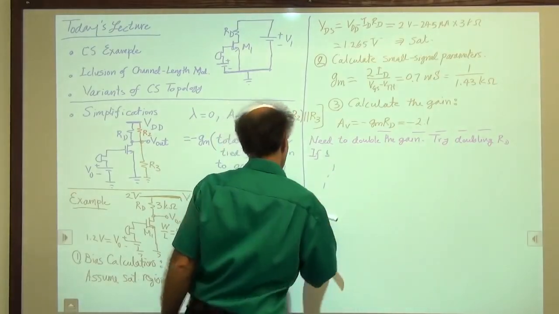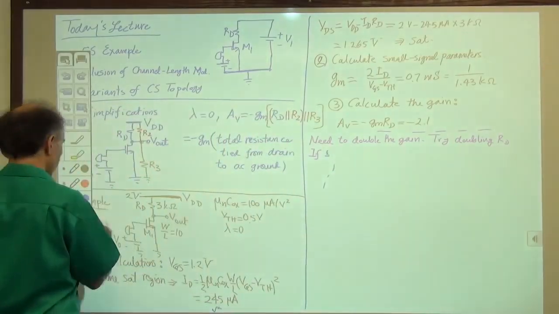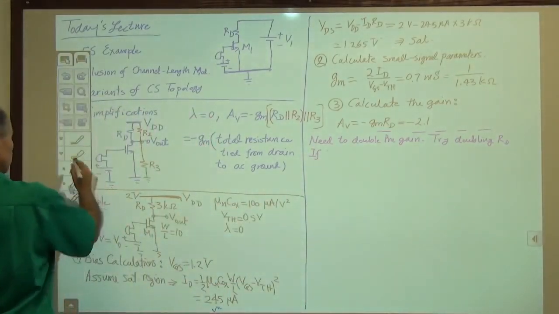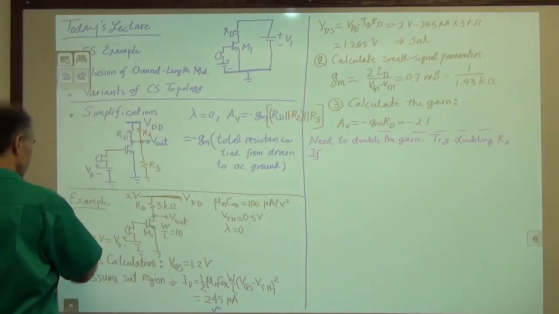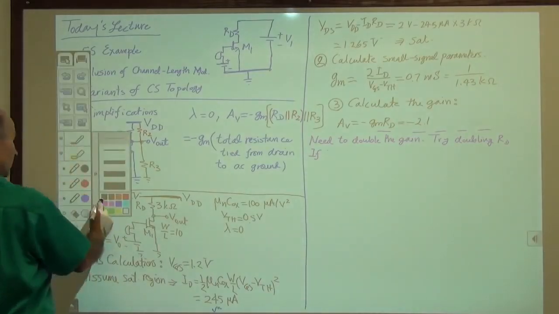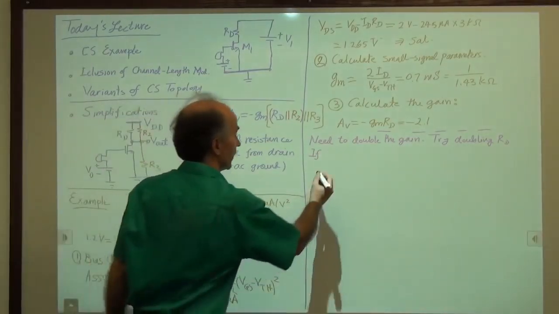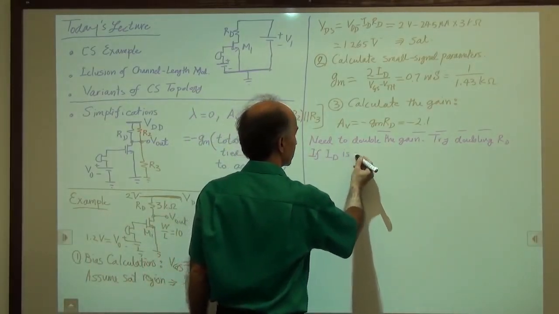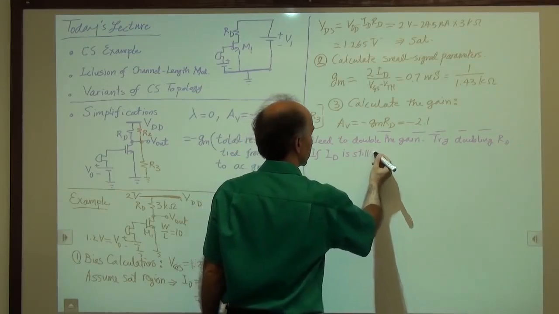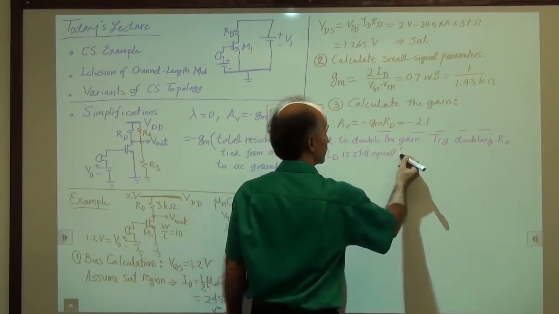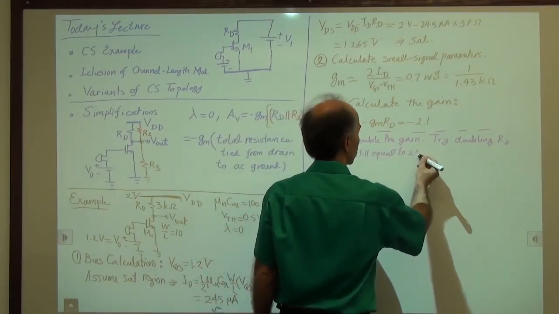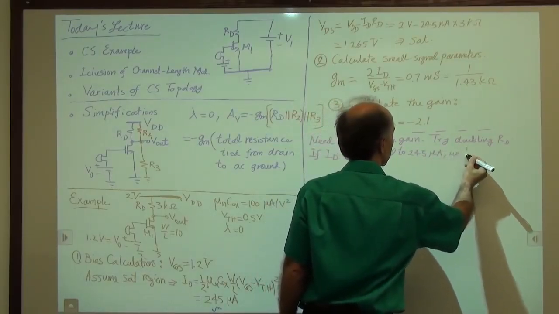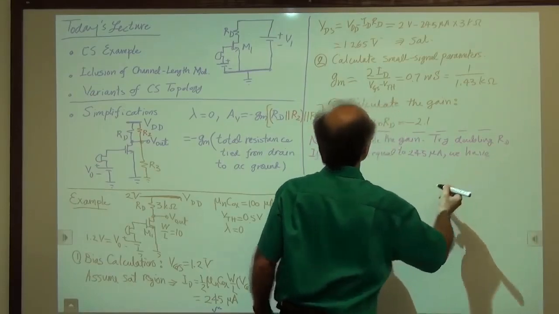So we say if ID is still equal to 245 microamps, we have this equation.